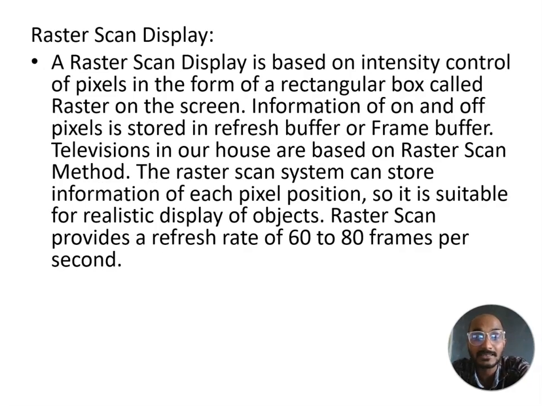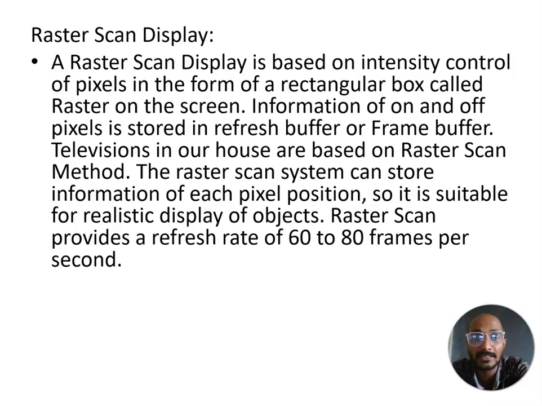So the next part is the raster scan display, and how this raster scan is performed. A raster scan display is based on intensity control of pixels in the form of a rectangular box called a raster on the screen.